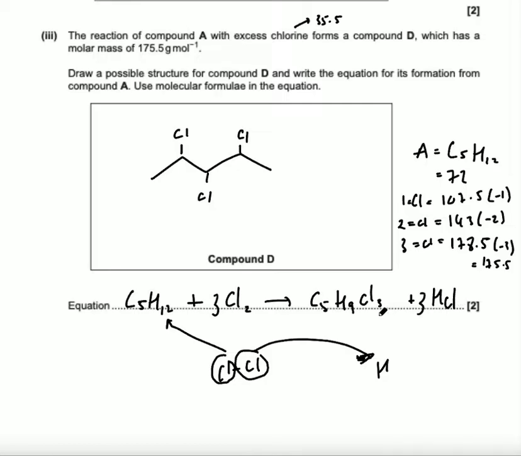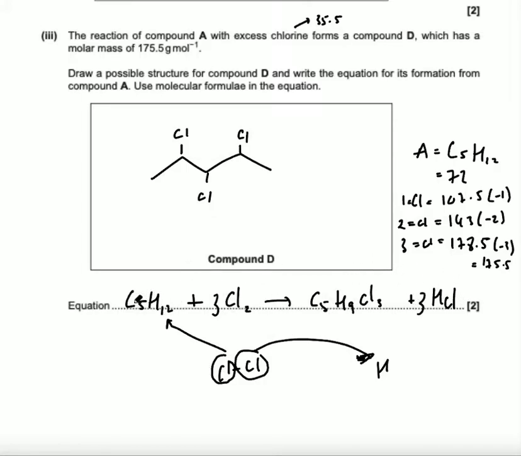Now, the number of chlorines is not balanced. We've got 3 over here, whereas we've got 2 over here, so we write 3, and we get a total of 6. Okay, right, it's confusing if we start with chlorines, because they occur on more than one product.